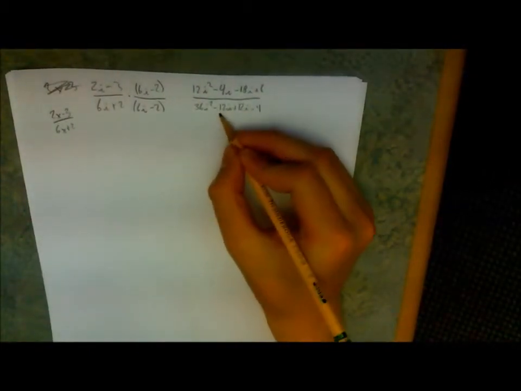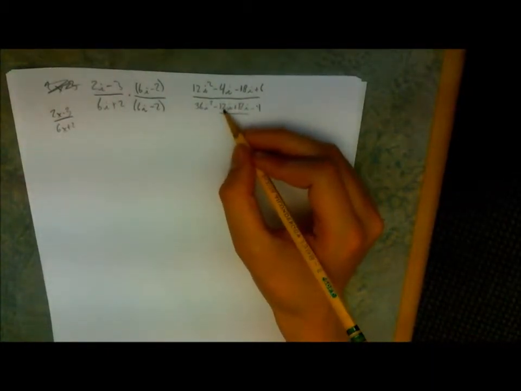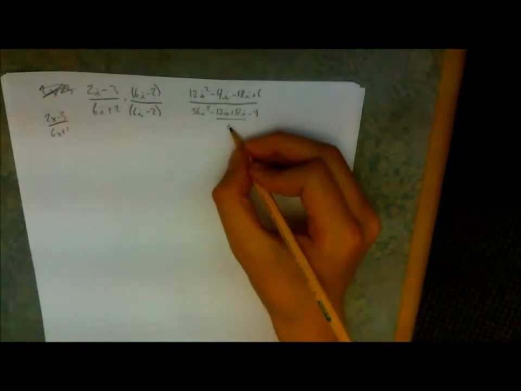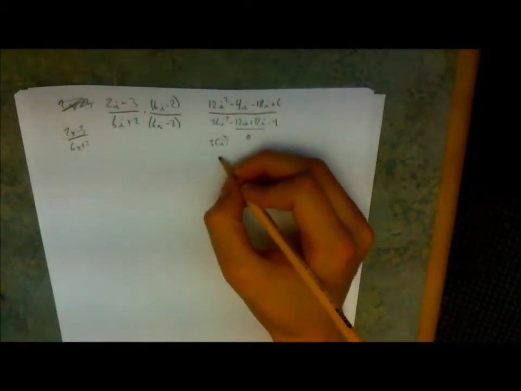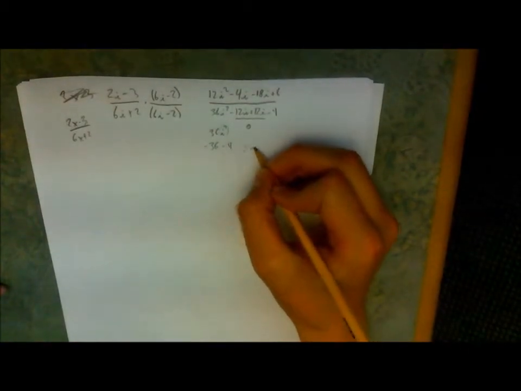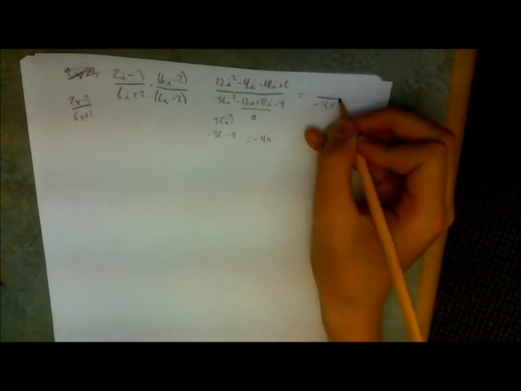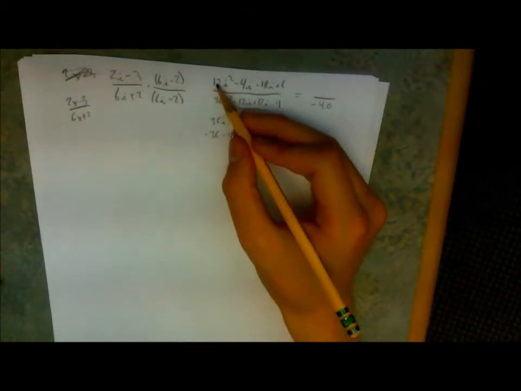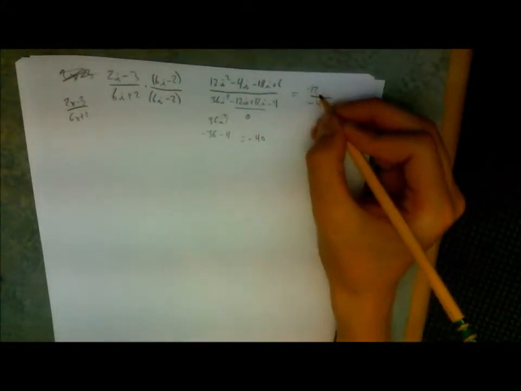What's good about multiplying by the conjugate is that you're left with this. This negative 12i plus 12i would simplify to be 0. And this 36i squared, since i squared is negative 1, 36 times negative 1, that would be negative 36 minus 4 equals negative 40 as the denominator. Up top, do the same thing. i squared is negative 1 times 12 is negative 12.